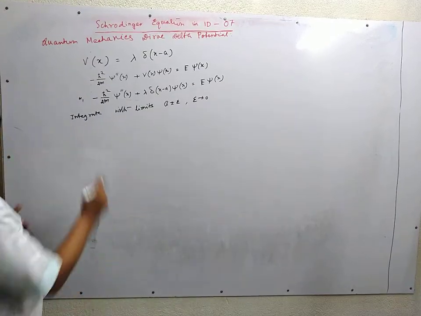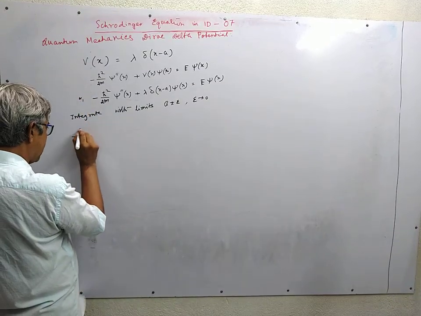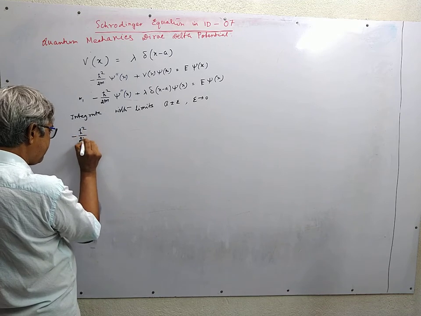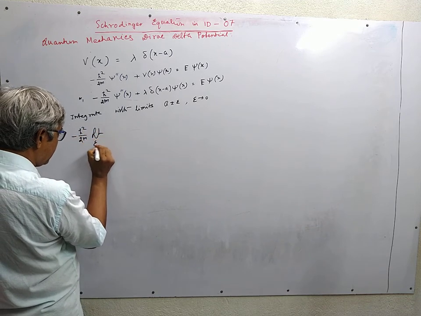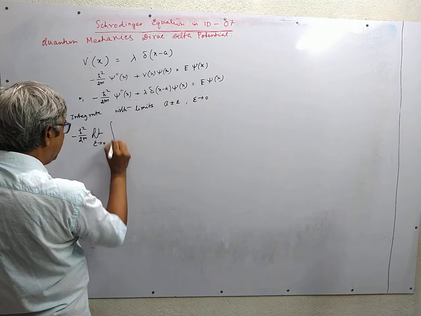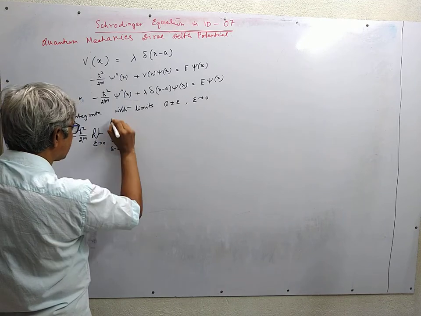So what we get from the left hand side is minus h bar square upon 2m, limit epsilon tends to 0, integration from a minus epsilon to a plus epsilon.